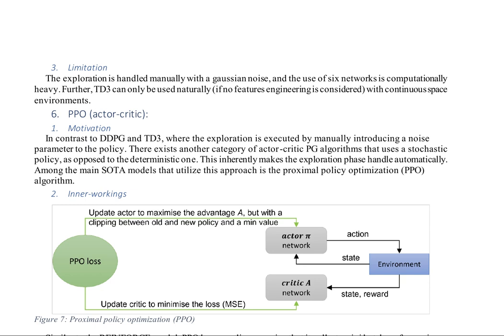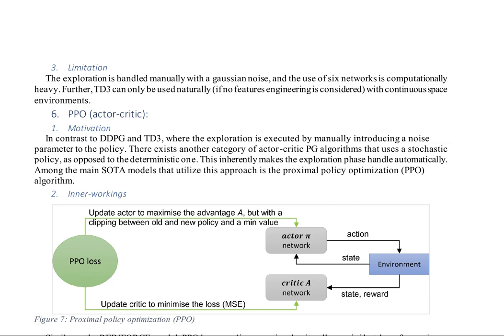In reinforcement learning, exploration strategies are crucial for effective policy optimization. The TD3 model relies on manual exploration using Gaussian noise, requiring 6 networks that can be computationally heavy. Moreover, it has limitations in continuous space environments.